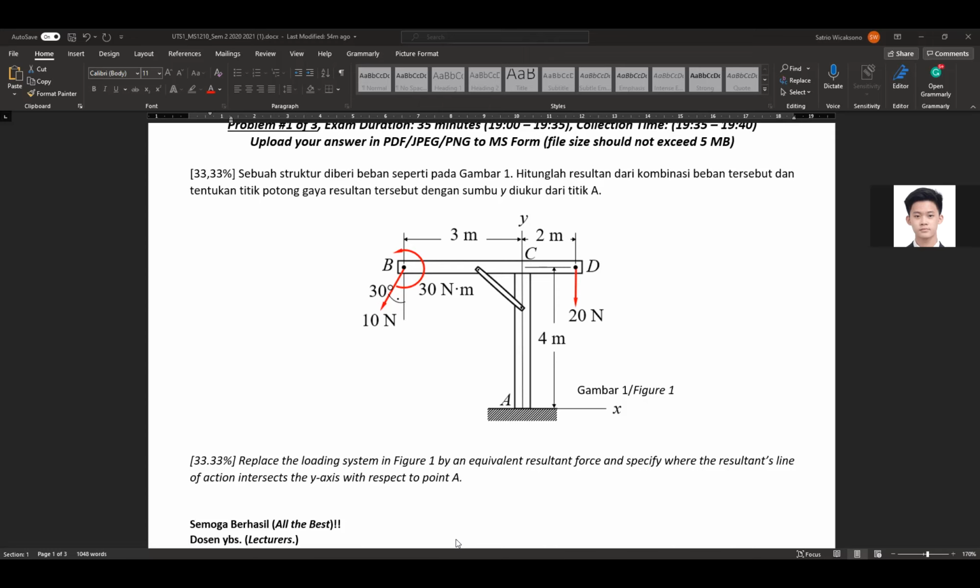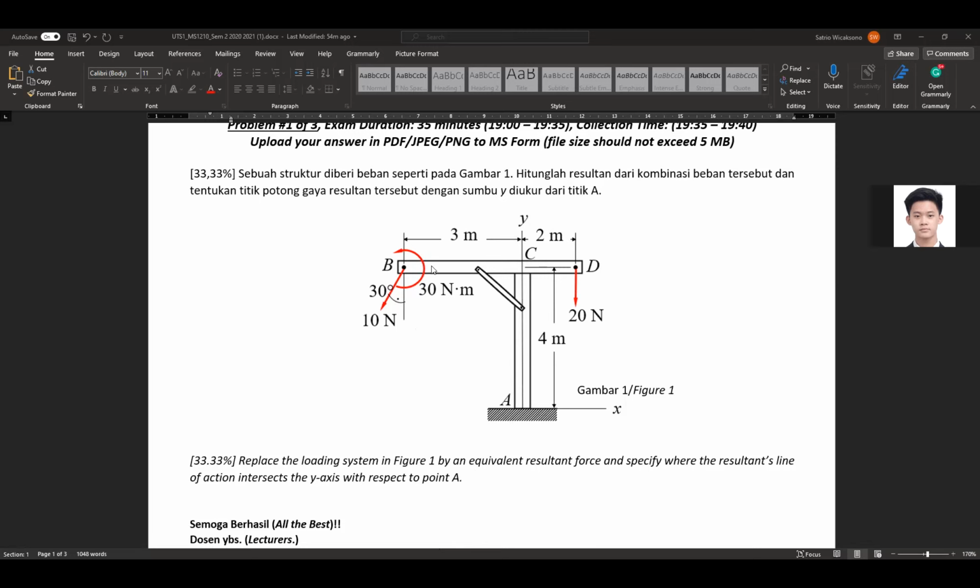The one that made me confused is that you can put 30 Newton meters like this, if in reality it's supposed to be like a couple. You can draw it like this only if in reality it's supposed to be like a couple.